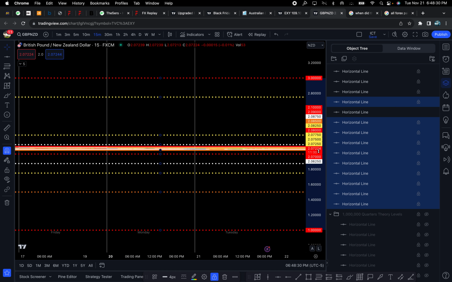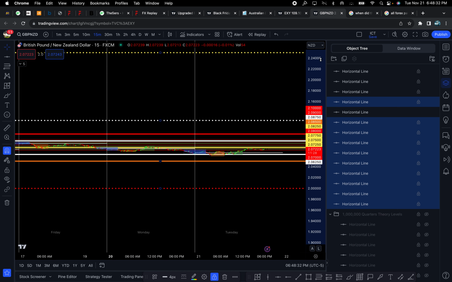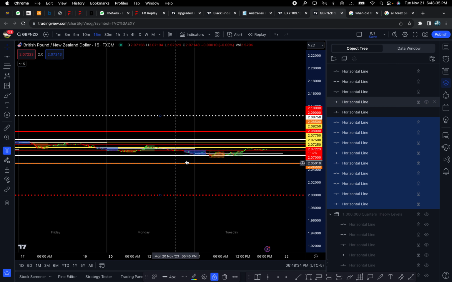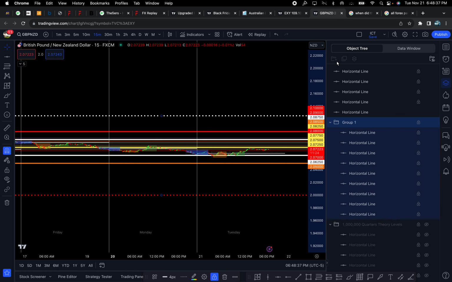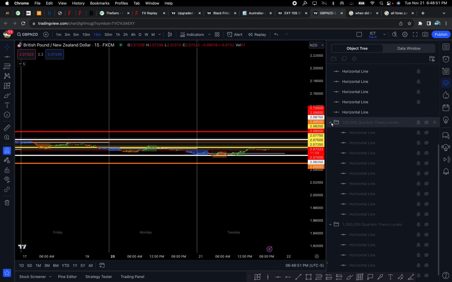I think I got one I didn't mean to get. Okay. And then this is going to be 100,000 quarters theory levels. You can hide those.